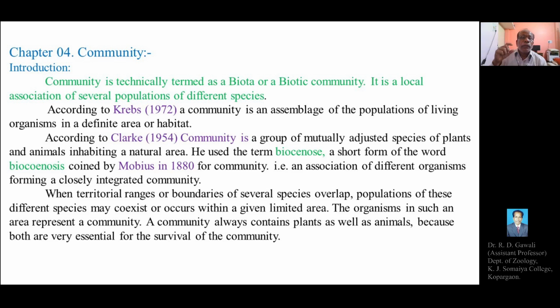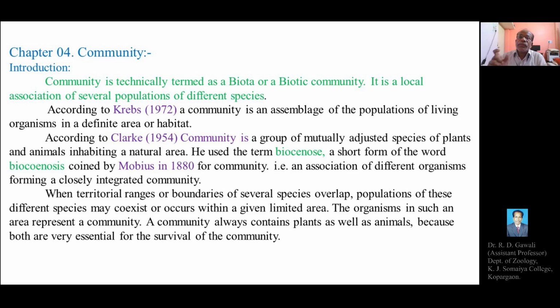So populations of these different species may coexist within a given limited area, the region where the two territories overlap, and this will form a community.